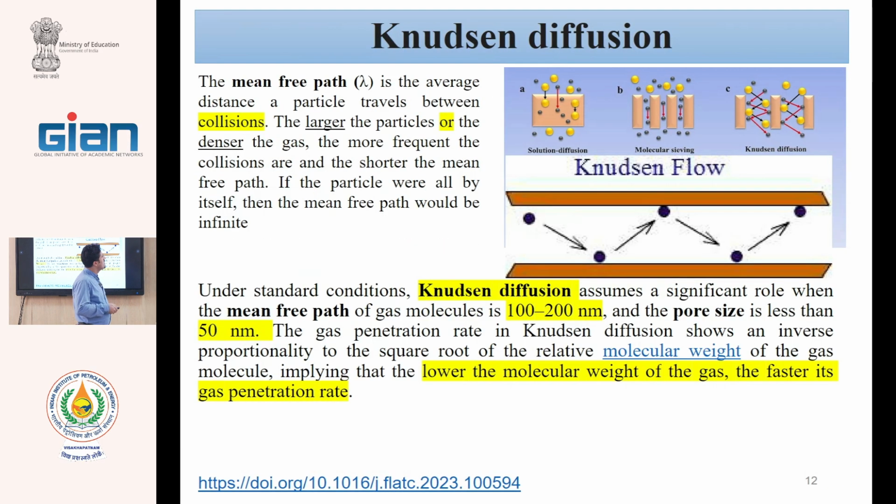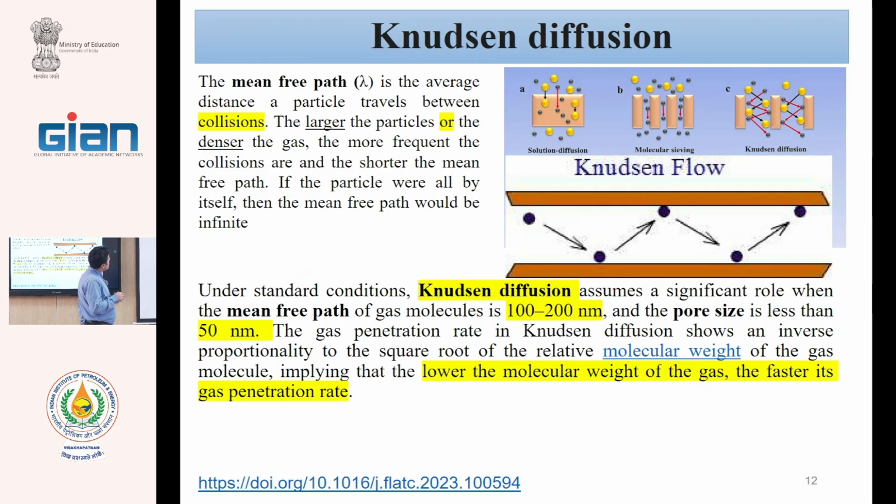What does it mean? We show this schematic. The mean free path is the average distance a particle travels between collisions. That means this distance is the mean free path, the average path.